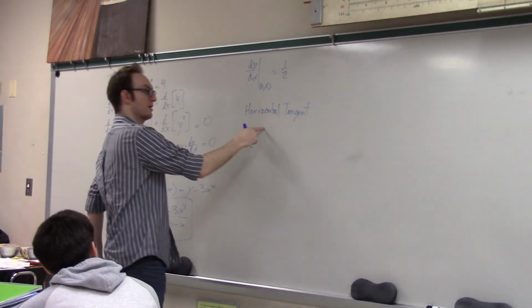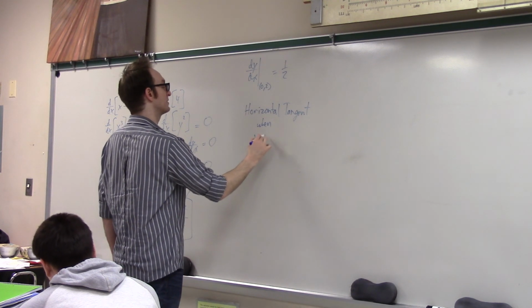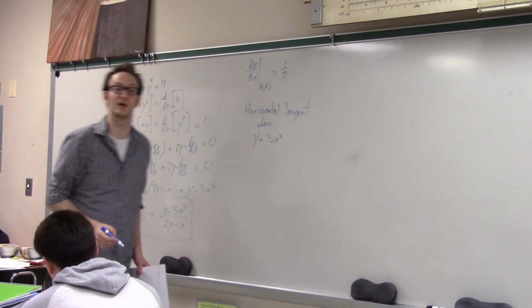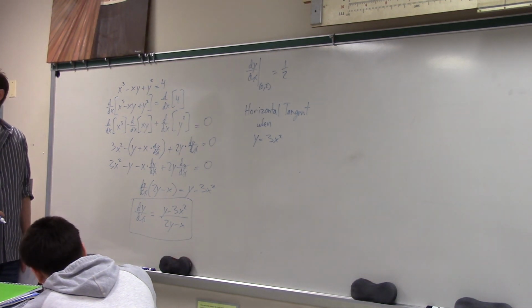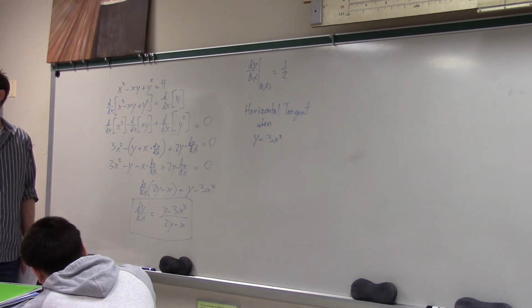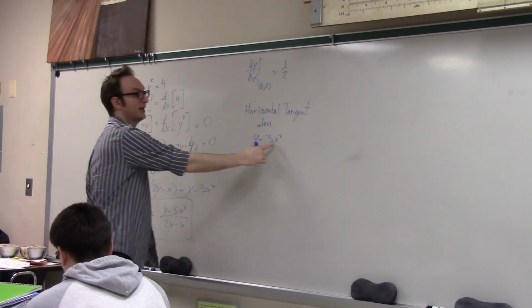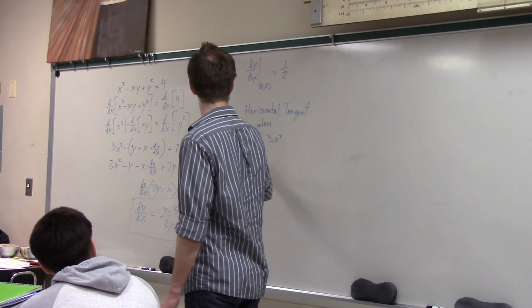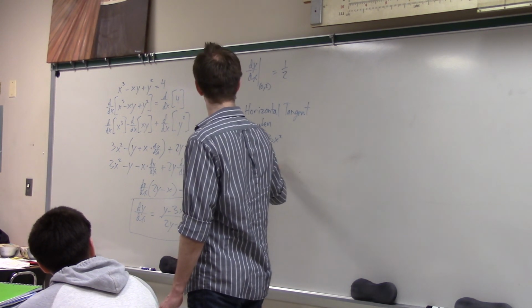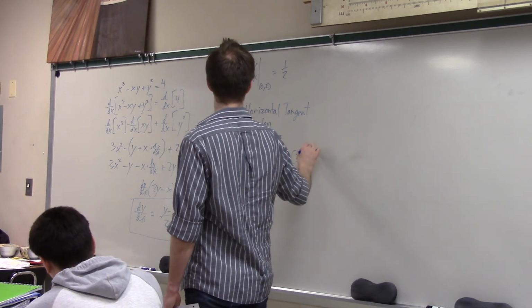So there's going to be a horizontal tangent whenever basically y equals 3x squared. And how would you actually find those points specifically? Plug in 3x squared for y, he says, right? So we would take the equation, which is x cubed minus x times 3x squared plus 3x squared equals 4.